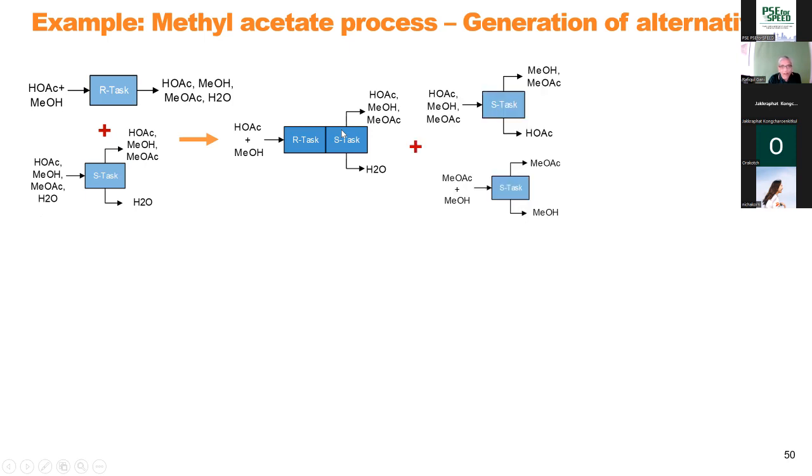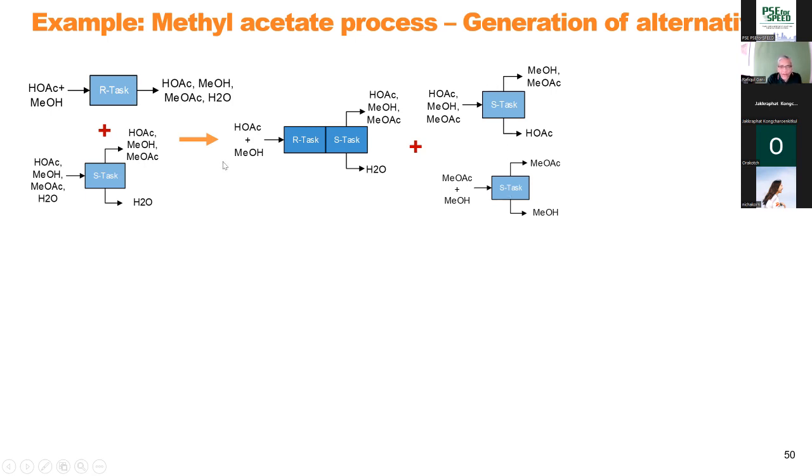Now this separation is here, we do the first separation, take out the acetic acid, and then for this separation, we do the separation at a different pressure so that we can get the pure methyl acetate, and methanol we recycle back.